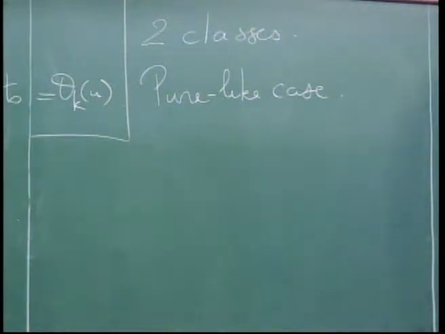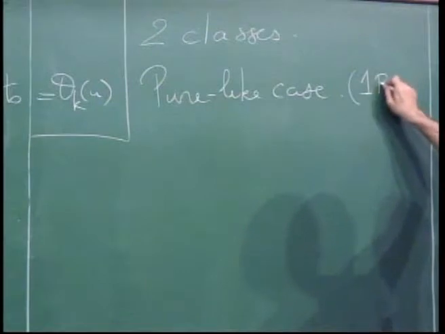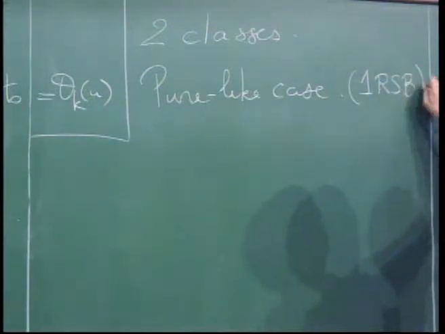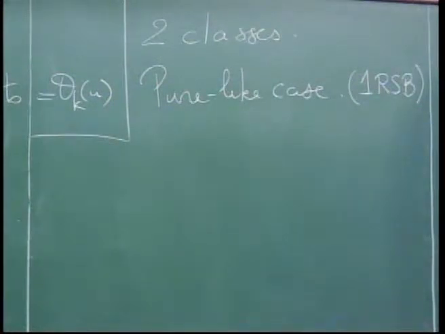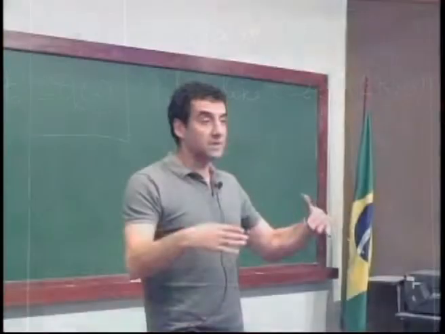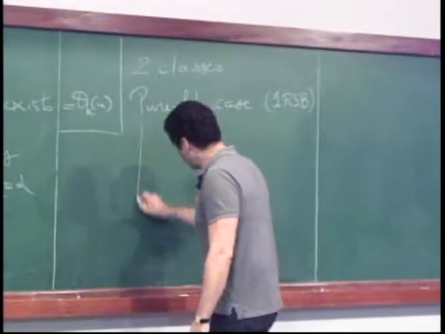And we understand this, even though we cannot prove it, this corresponds to the 1 RSB situation, the one-step replica symmetry breaking at low temperature. What we describe here, of course, is at 0 temperature, but that's the shadow of this, right?